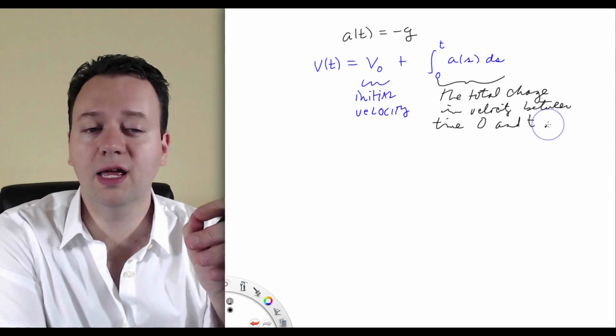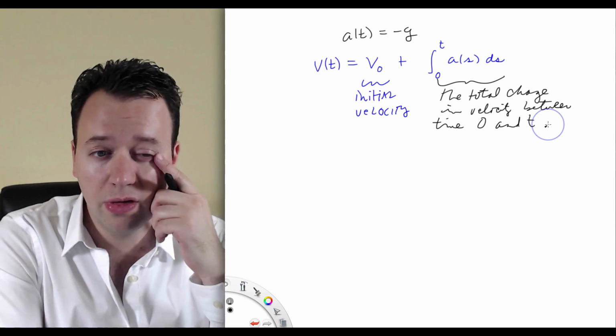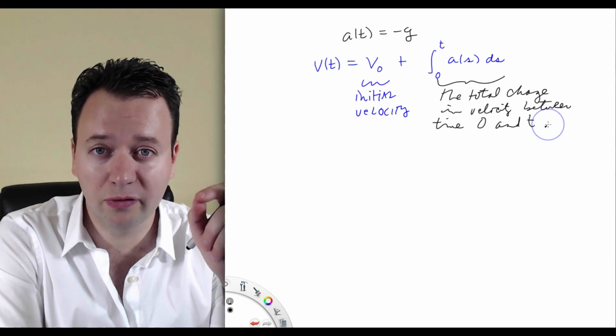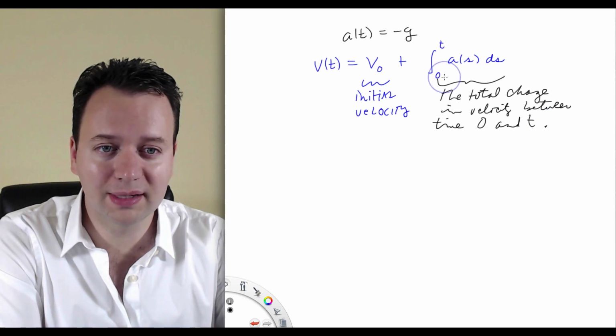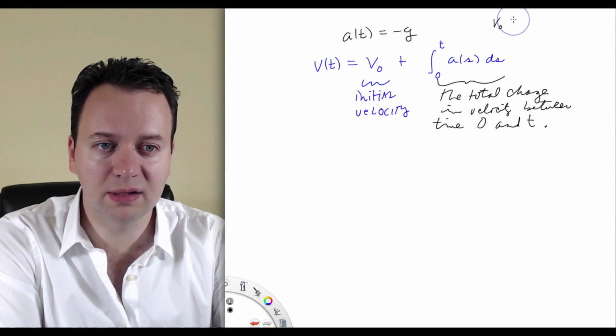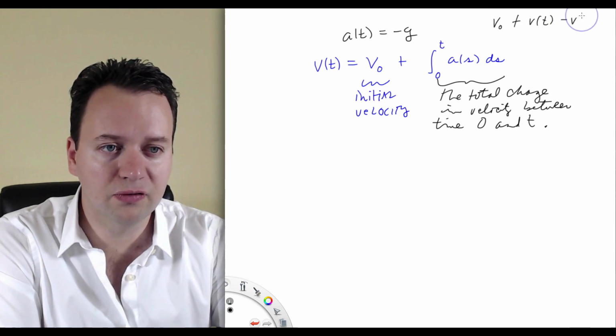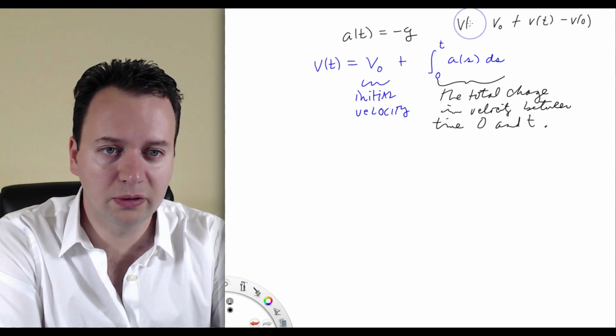So it's the total change for the velocity between the initial time and time t. If you think about this, the velocity is the antiderivative of a, so if I were to integrate this, I get v of t minus v0. So this is basically, we have the initial velocity v sub 0 plus v of t minus v of 0, and that's equal to v of t.